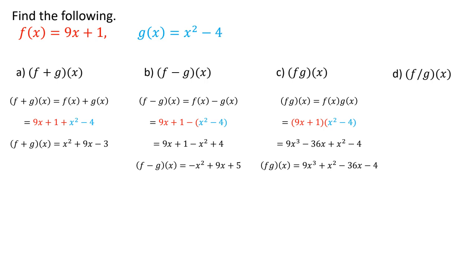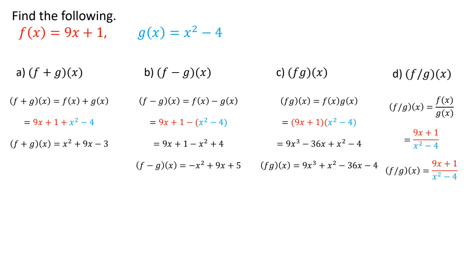All right, and then the last one, we want to divide function f with function g. Again, the notation here is f divided by g of x. But what they really want me to do is just this. They want me to divide function f with function g. So I just do the replacement. F of x is 9x plus 1, my numerator, divided by g of x, which is my denominator, the x squared minus 4, the number on the bottom.